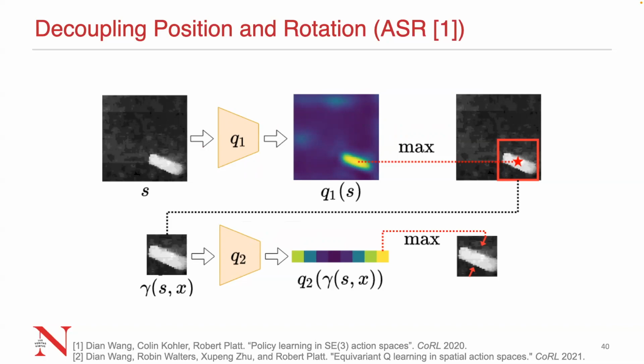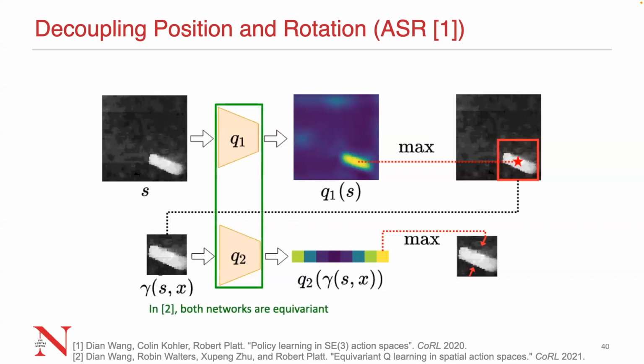So in this framework, Q1 can be encoded using a smaller group, and only Q2 needs to be encoded in, for example, C16 or C32. That reduces the network size and makes it learn better. This is actually from one of my prior works back in 2020. And in this equivariant version, we basically just make the Q1 and Q2 networks equivariant.